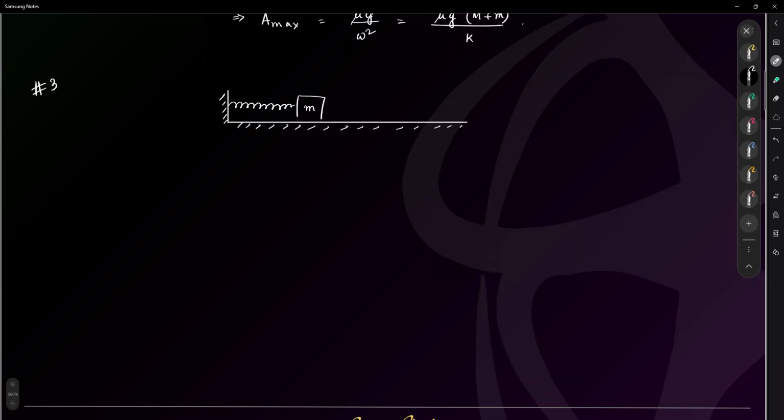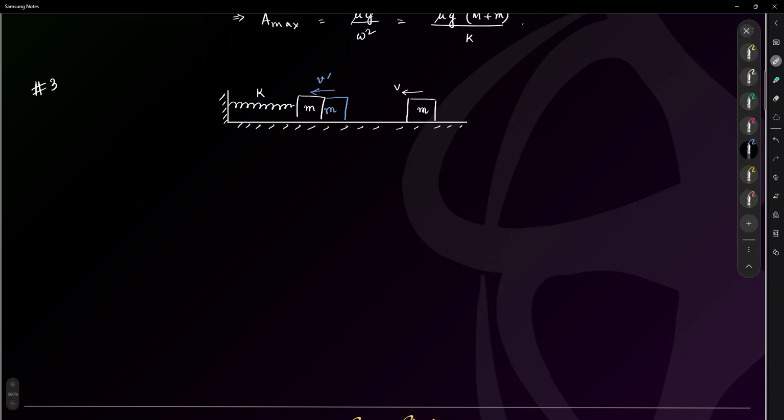Where the spring constant is K and another block of the same mass is coming with some velocity V. Now, when these two blocks are colliding with each other, let their velocity be V dashed.